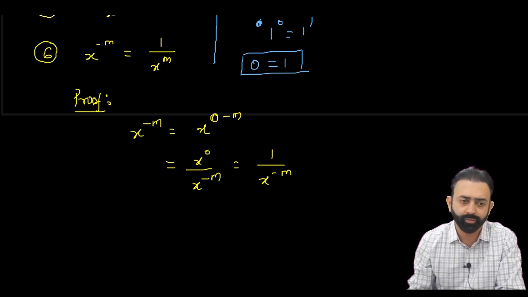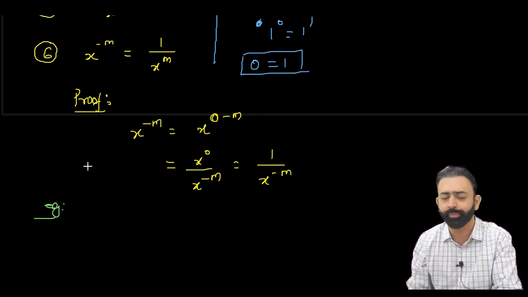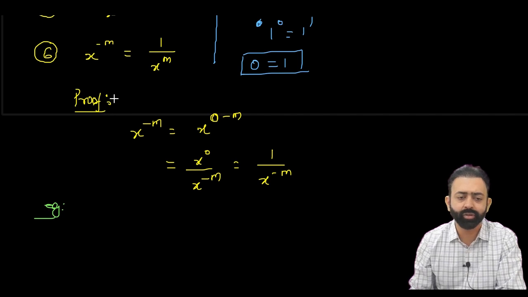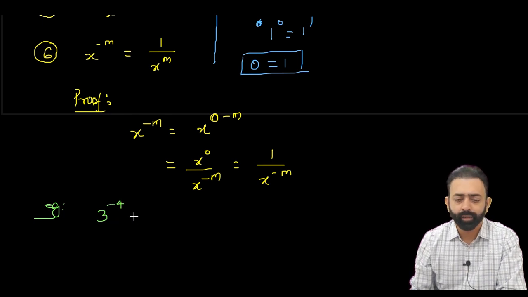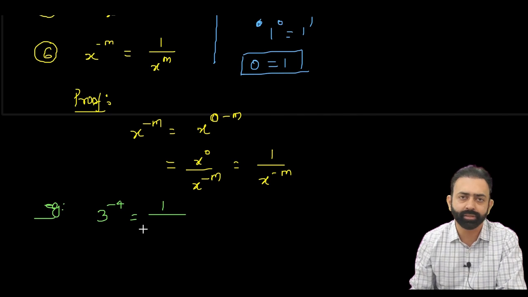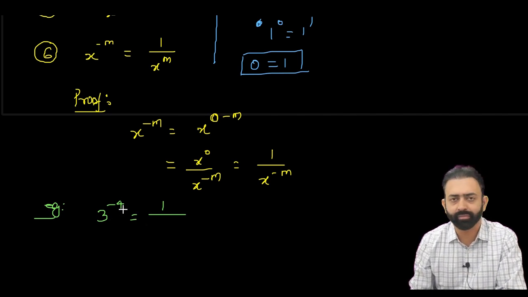This is a proof. For verification or for applying the law, you can take any example. Although this is the proof, I'm not verifying this. I'm just giving you some example to apply this rule. Okay, so 3 raised to power minus 4 is equal to, the motive of this minus is just to reciprocate this. Just remember this, 3 raised to power minus 4 won't be negative.